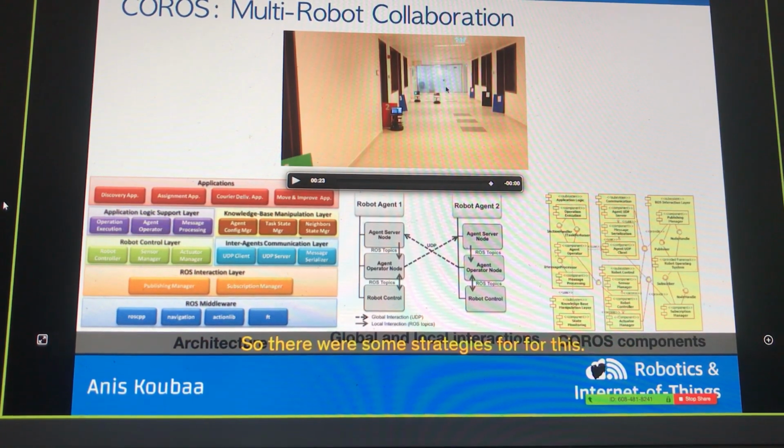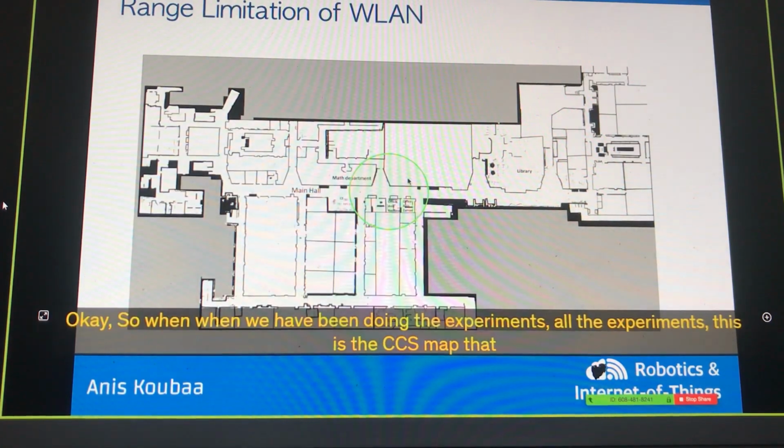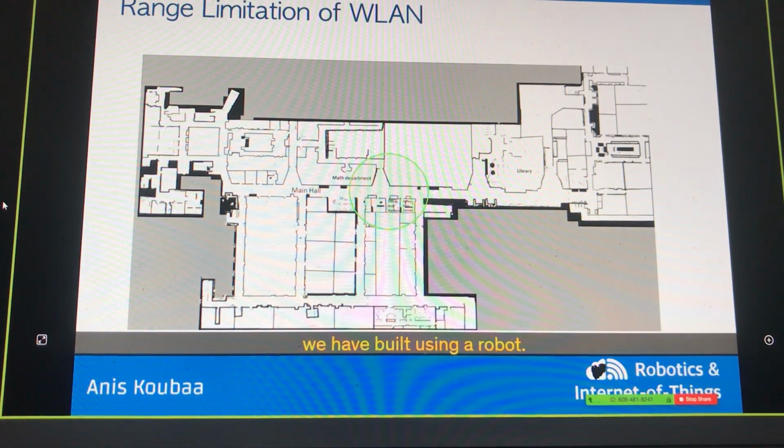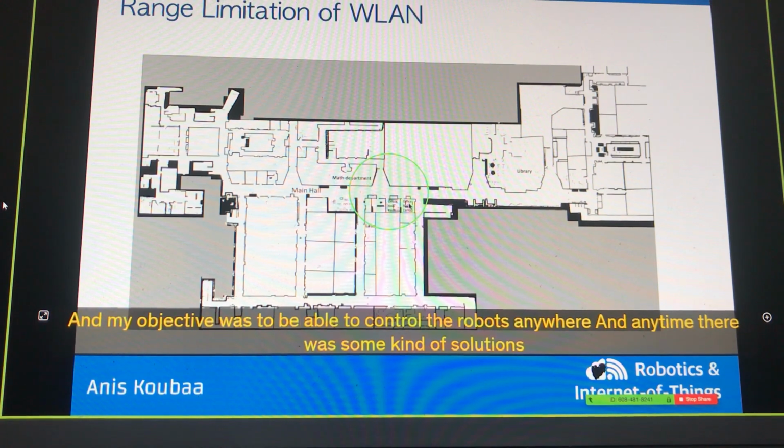There were some strategies for this. When we were doing the experiments, this is the CCIS map that we built using a robot, of the first floor in our university, and all the experiments were confined to a very limited space. My objective was to be able to control the robots anywhere and anytime.